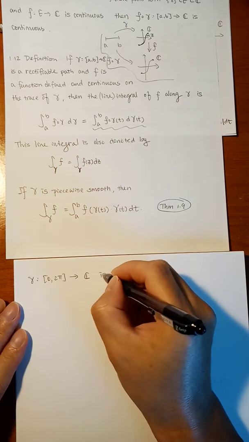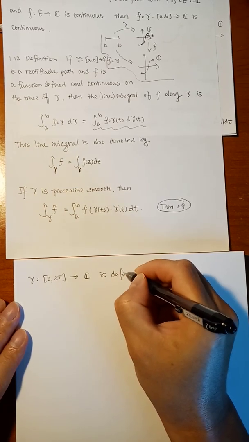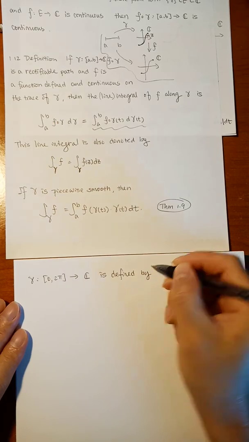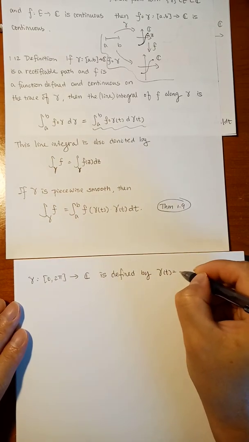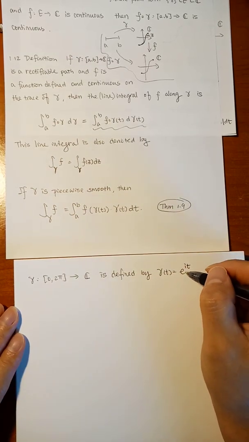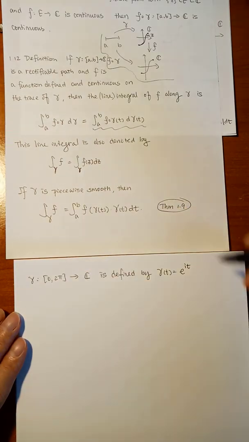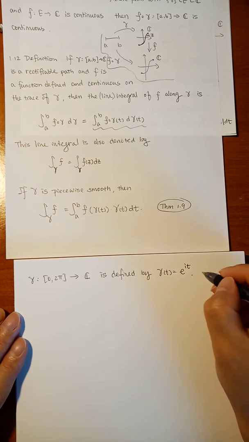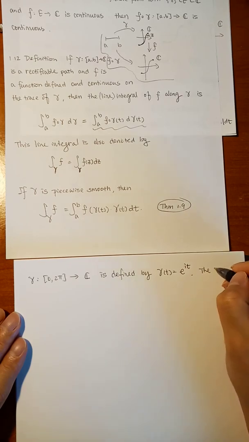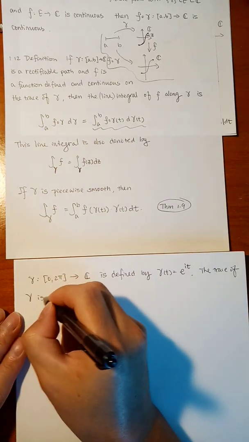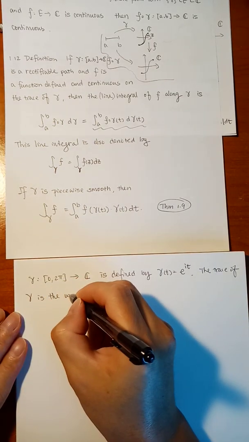So gamma of t is e^(it). This is actually the unit circle. The trace of gamma is the unit circle.